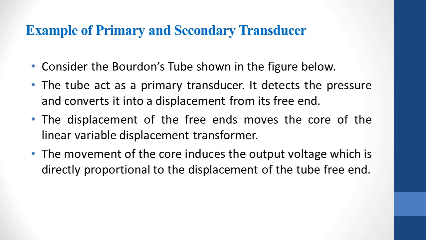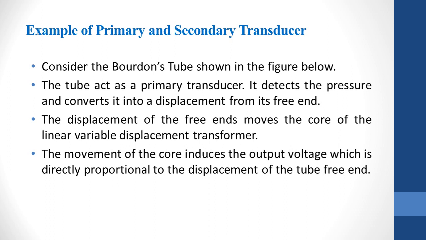Example of primary and secondary transducer. For this we can take Bourdon tube and LVDT, linear variable differential transformer. The Bourdon tube acts as a primary transducer. It detects the pressure and converts it into a displacement of its free end.